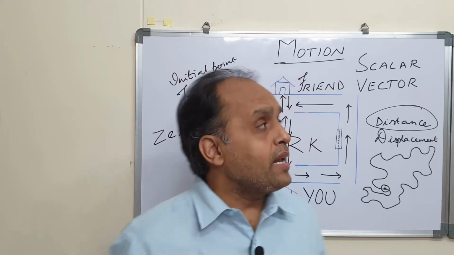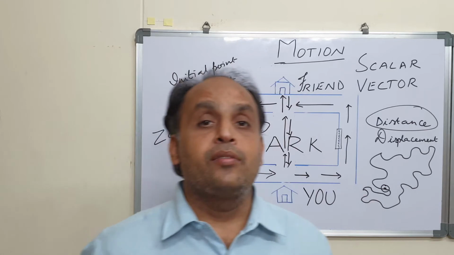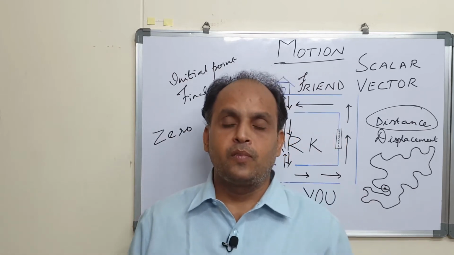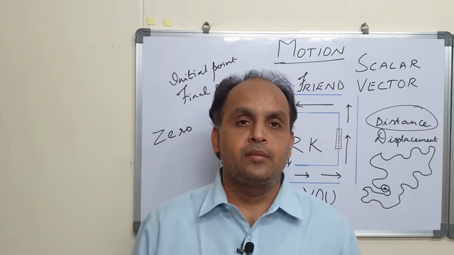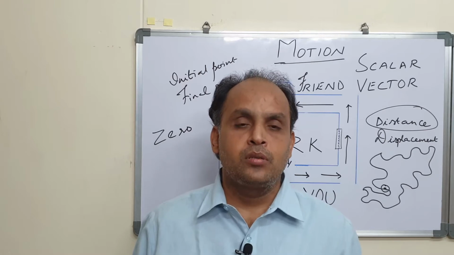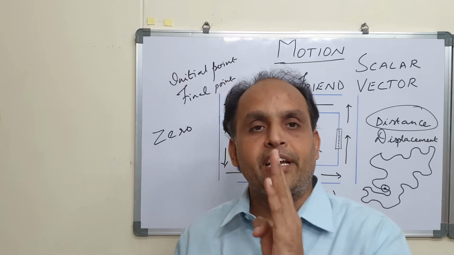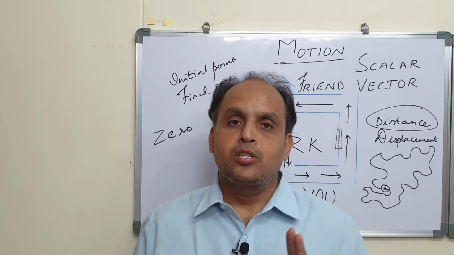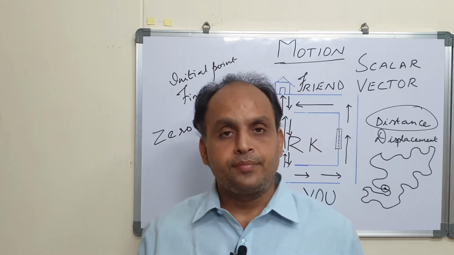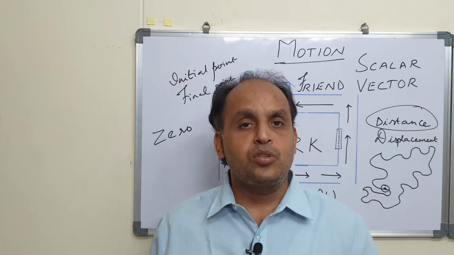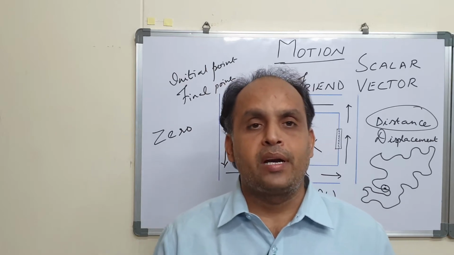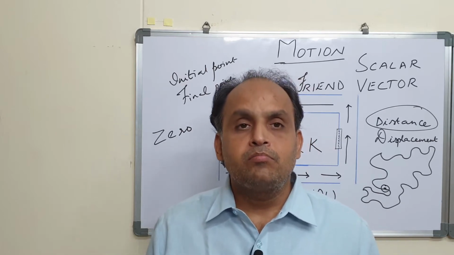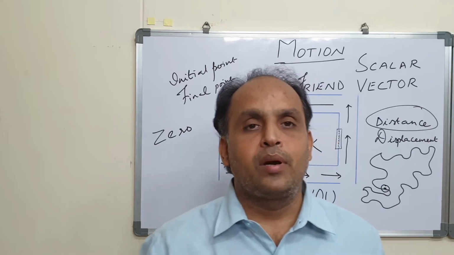So, there are some more examples of vector quantities like force. Force is an example of a vector quantity. 10 Newton force in the upward direction. 40 Newton force towards northeast. So, we associate direction to certain quantities. So, such quantities are called vector quantities.